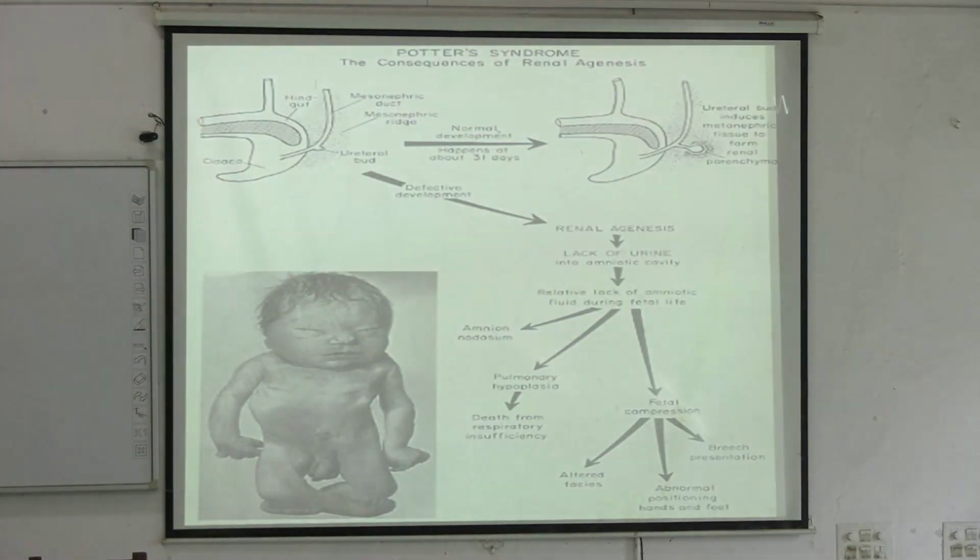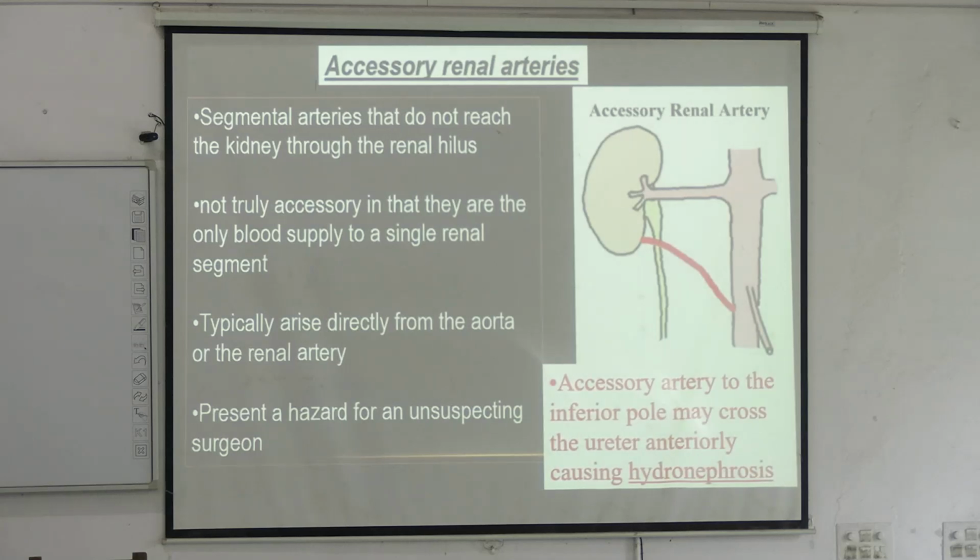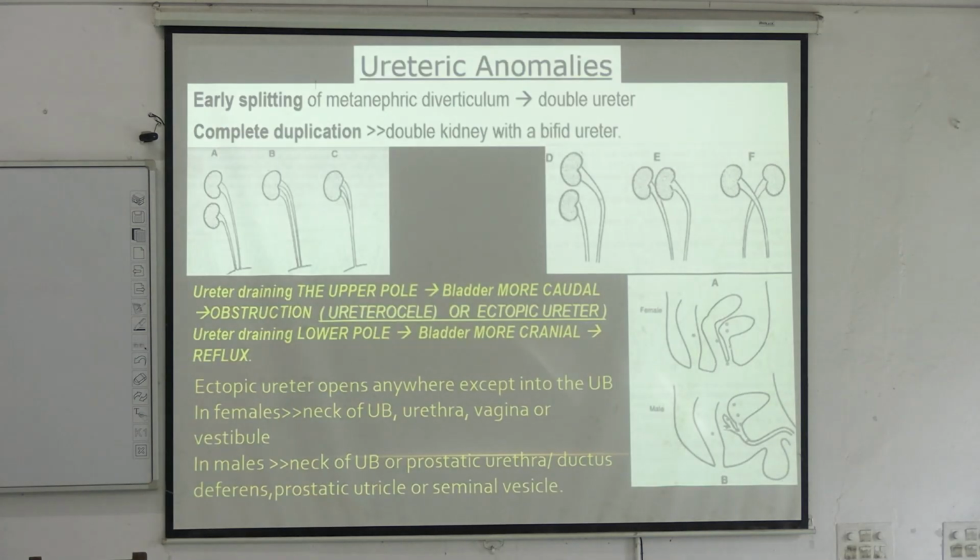Now coming to other problems related to kidney development, we have the ureter which develops from the ureteric bud. The ureteric bud interacts with the metanephric kidney mass, and the ureteric bud may split. That means instead of one, there may be two ureteric buds on a side, resulting in a bifid ureter. That means the ureter may be two instead of one.